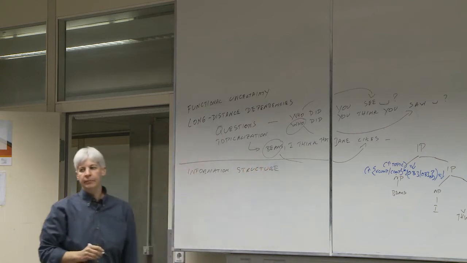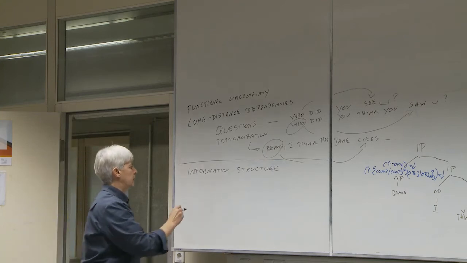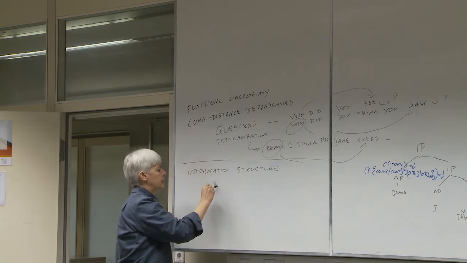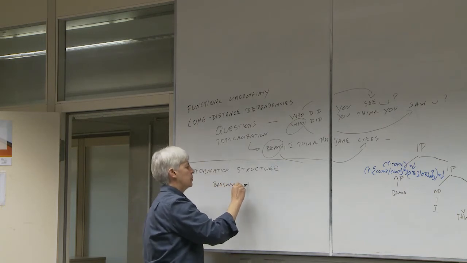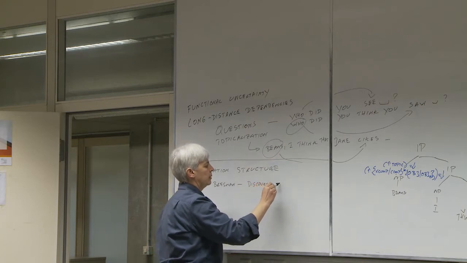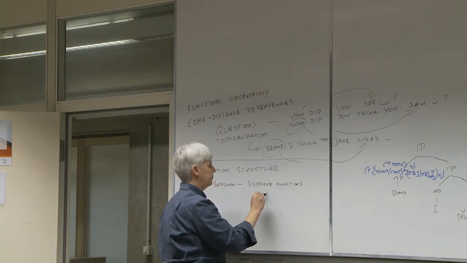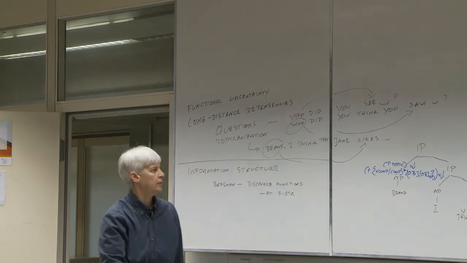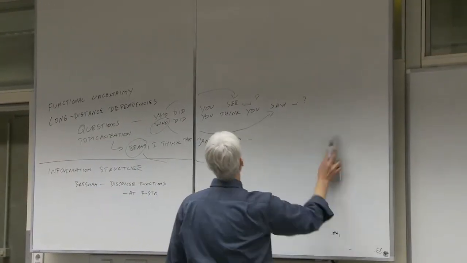There's been some discussion about how to do this, and right now there are two ways of doing it. There's the Bresnan way, and she has so-called discourse functions. She has them at f-structure, in the way that we've been doing it so far. So that would be when you have something like this sentence.